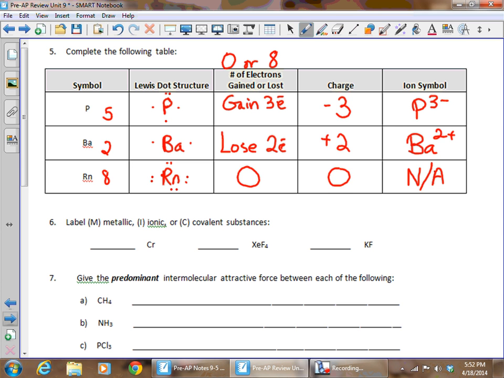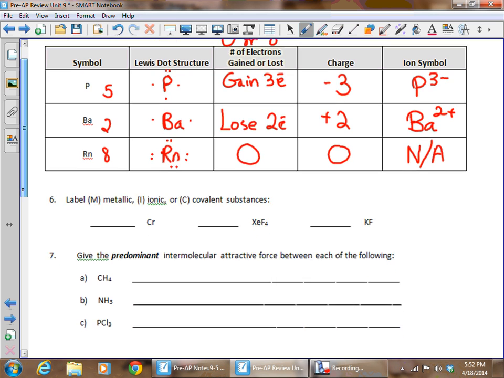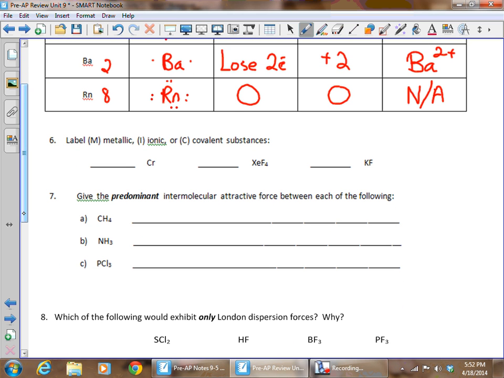So there's another set of information that you need to be able to do on this test. As far as labeling these as having metallic, ionic or covalent bonding in them, remember, if it's just a single metal, that's pretty obvious it's going to be metallic.